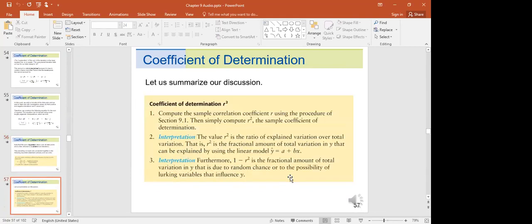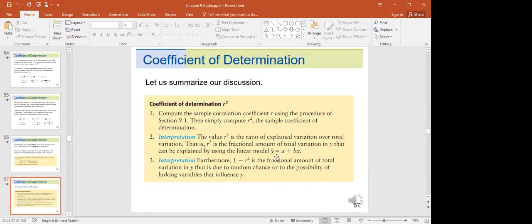It is just the square of the correlation coefficient. So R squared, the coefficient of determination, is the proportion of variation of the dependent variable that can be explained by the regression line.